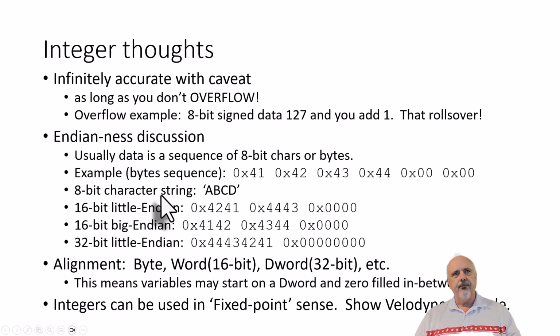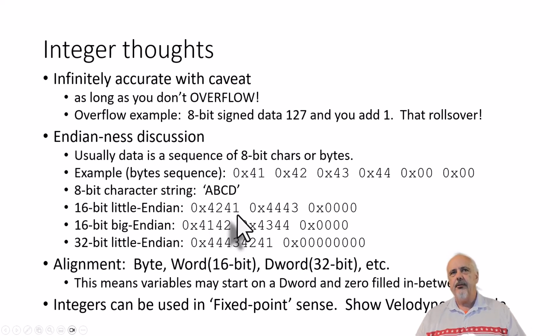And for Endianness, this is a little weird. There's a thing called Little Endian, and what that means is that the lower byte comes first. The bytes come lower first and then increment up. So with 16-bit Little Endian, there's the A. I have a 16-bit word, so I've got 2 bytes in a 16-bit word.